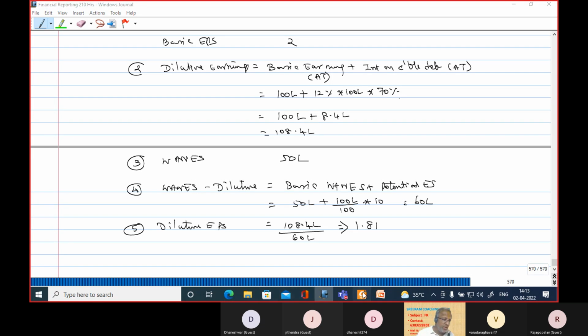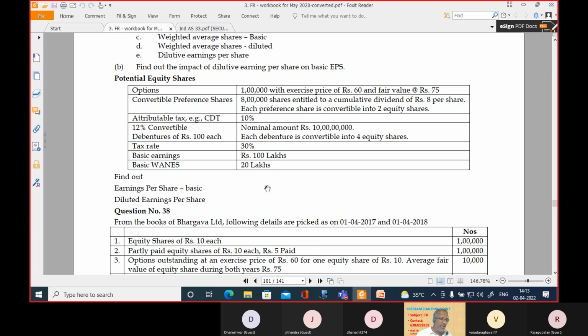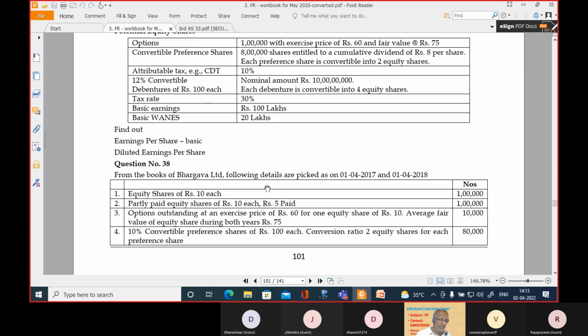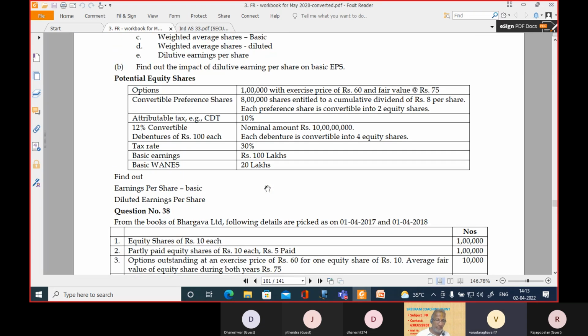Yes, Muralidharan, could you read out the B part, 37B? Yes, sir. Find out the impact of dilutive earnings per share on basic EPS. Potential equity shares: options 1 lakh with exercise price of rupees 60 and fair value of rupees 75. Convertible preference shares: 8 lakh shares entitled to a cumulative dividend of rupees 8 per share.